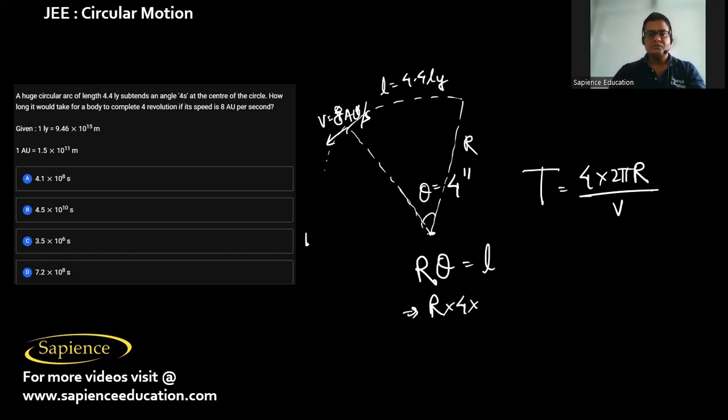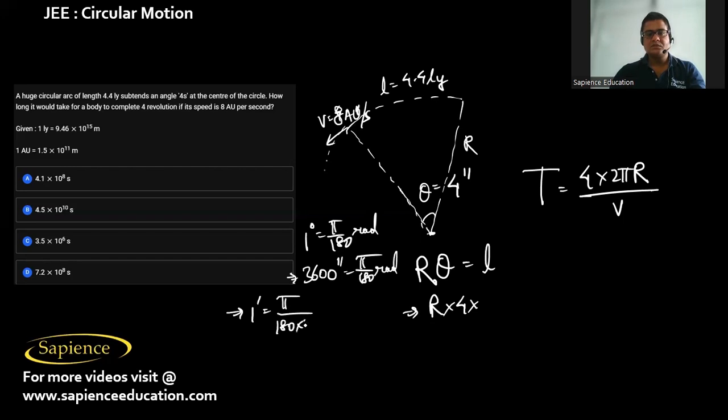So 1 degree is equal to pi by 180 radian. Now 1 degree is 3600 seconds, 3600 seconds is equal to pi by 180 radian. So 1 second will be equal to pi by 180 into 3600 radians.